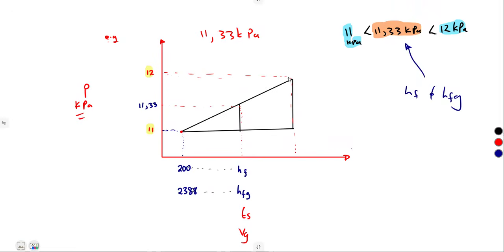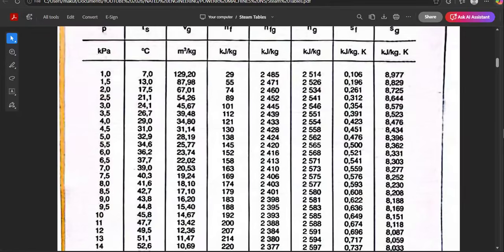It corresponds to the maximum here, and these are the corresponding values. What is the value of HF at 12 kilopascal, at that pressure? We're going to need the pressure this time. It is 12 kilopascal. This is our HF, and this is our HFG from what we have.